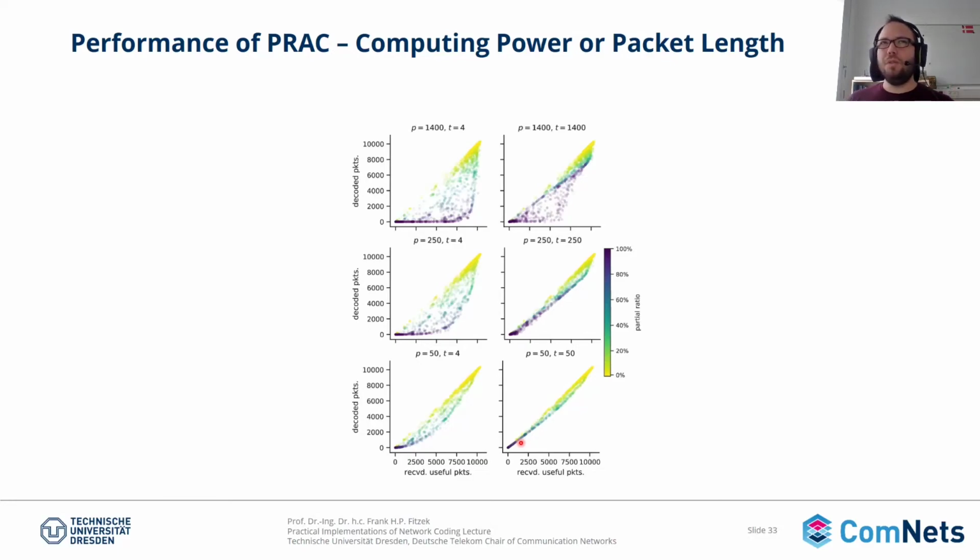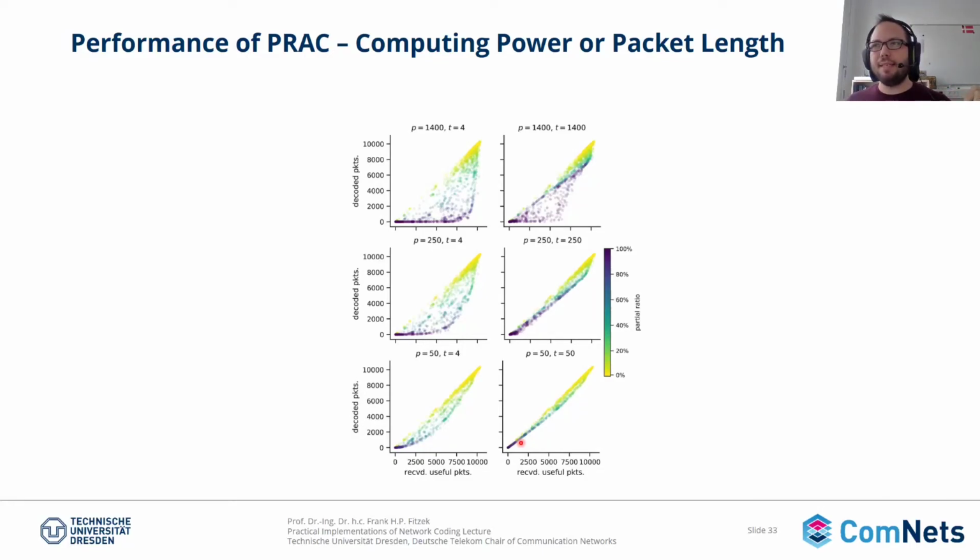So for all packets to decode, you would need to wait until you get G correct packets. However, if you want to trade off some computational power, if you want to invest some computing power, you can use techniques like PRAC to decode the correct packets, the generation, based on these partial packets.